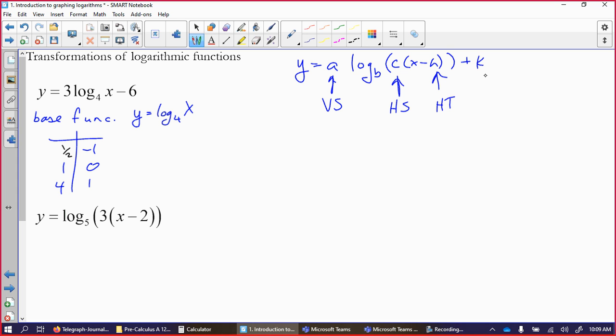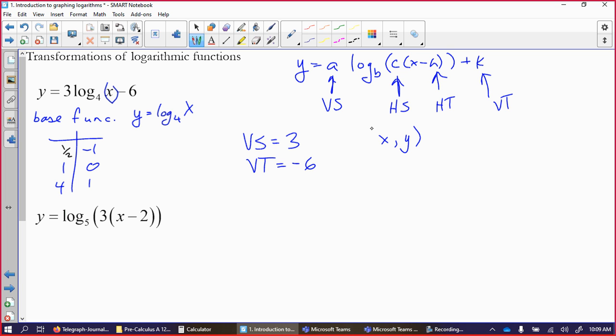Horizontal translation. Vertical translation. So this graph has a vertical stretch of 3. There's no bracket here, so we assume that there's a bracket there, so this one would have a vertical translation of -6. There's no other transformations.